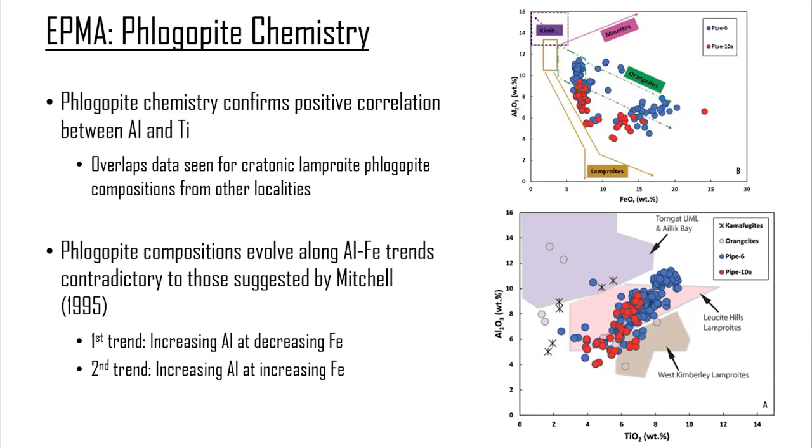While we can see firstly here a negative correlation, which is increasing aluminium with decreasing iron content, which is indicative of a tetraferriphlogopite component, we can also see a positive correlation of aluminium and iron, which is similar to the evolution trend suggested for micas, but not for lamproites.